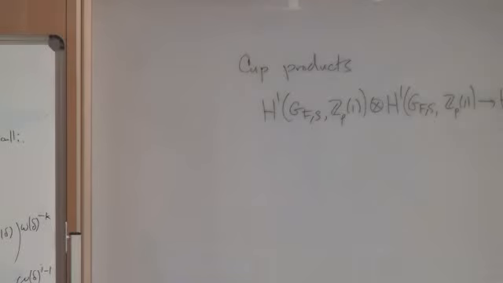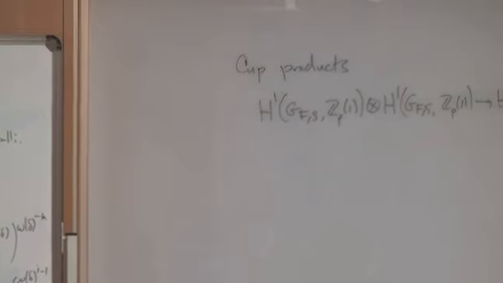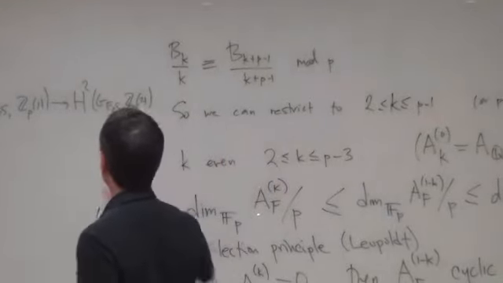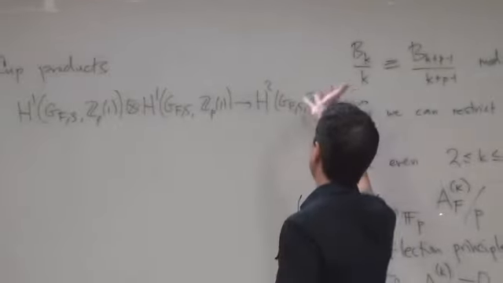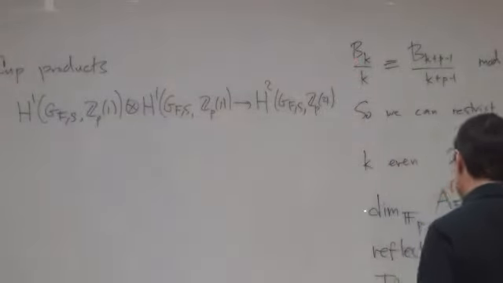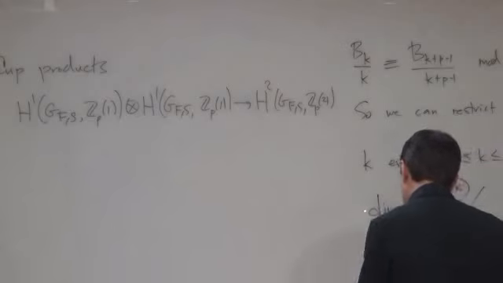You should think of this as analogous to the norm residue symbol in local class field theory. Because if I took GFV instead of GFS, it would be the norm residue symbol. If I took it mod P, for instance, then it would be the Pth norm residue symbol.